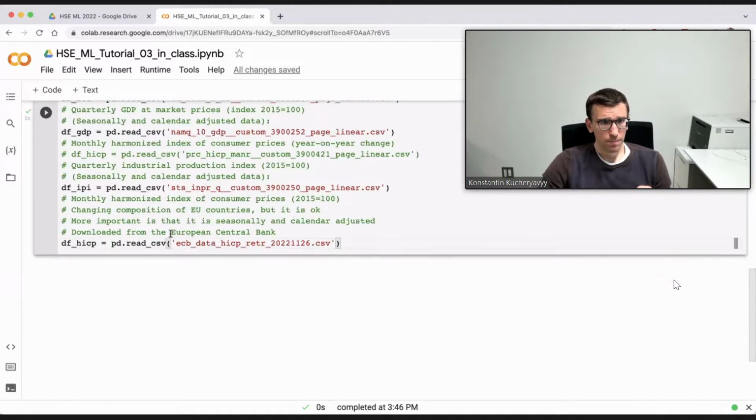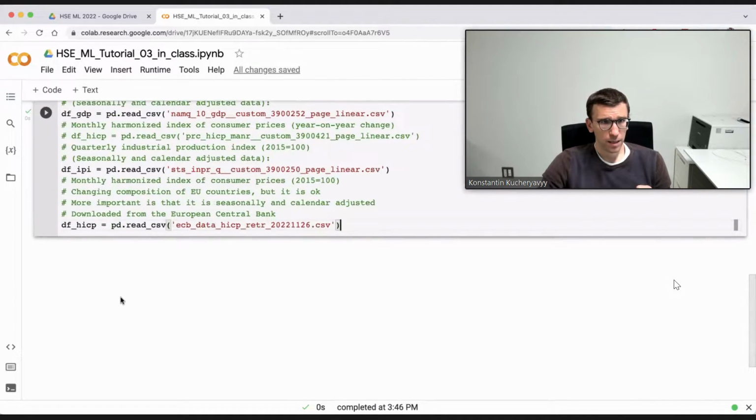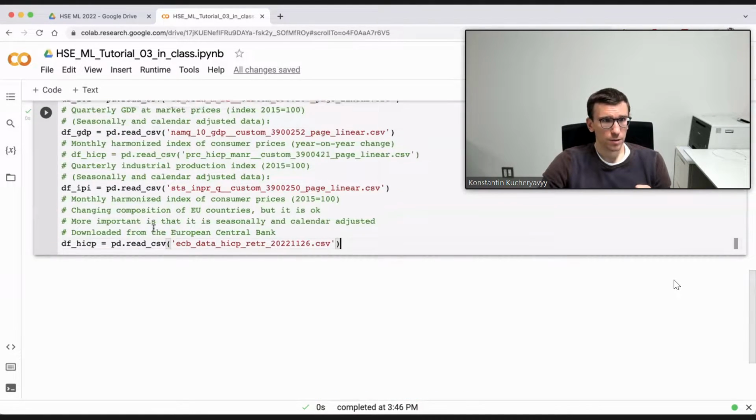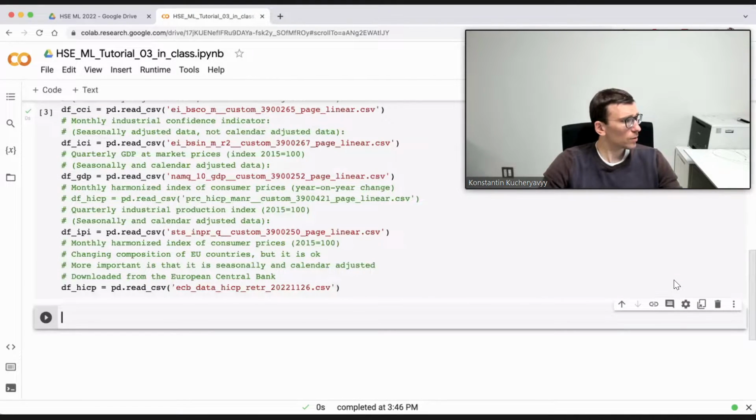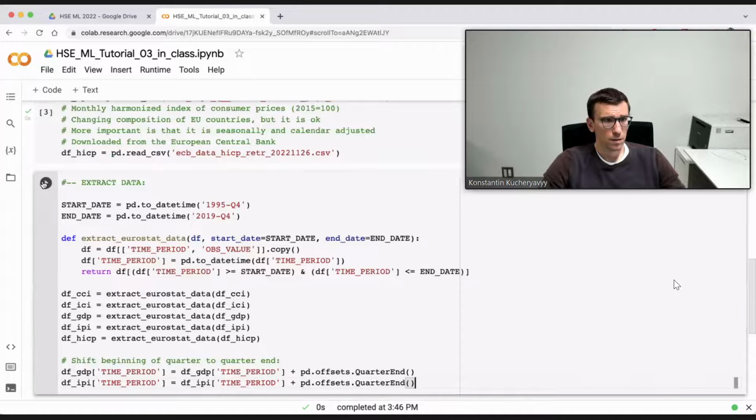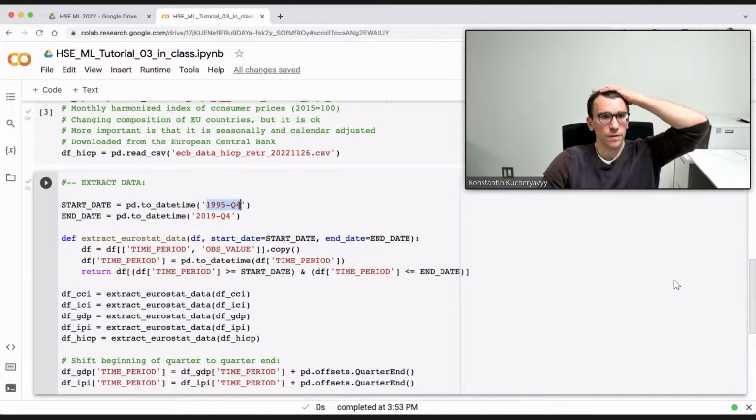So I loaded all the data. The next thing I'm going to do is limit my sample, from Q4 1995 to Q4 of 2019.